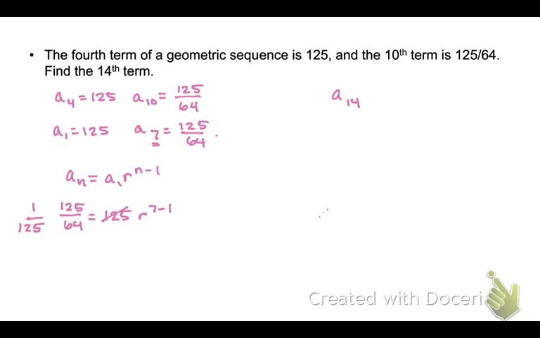So my 125 is reduced. So I get 1 over 64 equals r to the 6th. So now I have to probably take the 6th root, right?